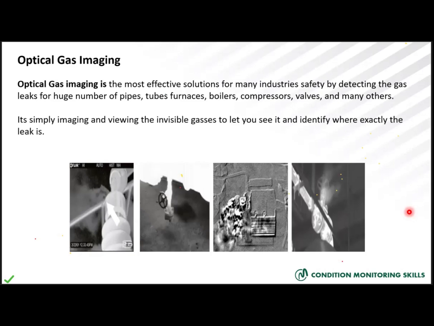Optical gas imaging is simply imaging and viewing of invisible gases to let you see those gases and identify where exactly the leak is. It is a special type of thermal imaging that is used mainly for gas imaging.